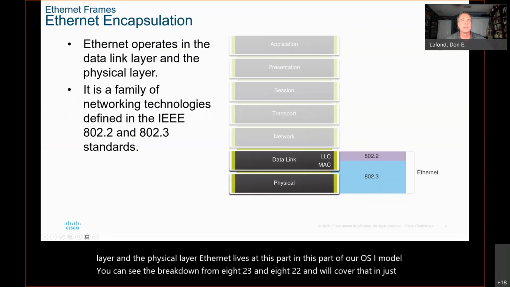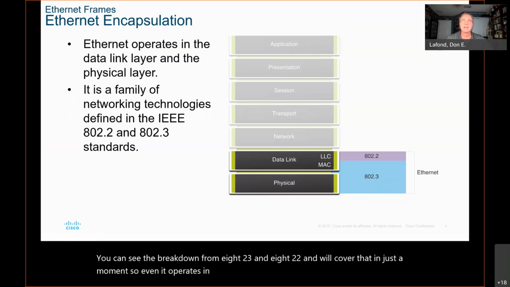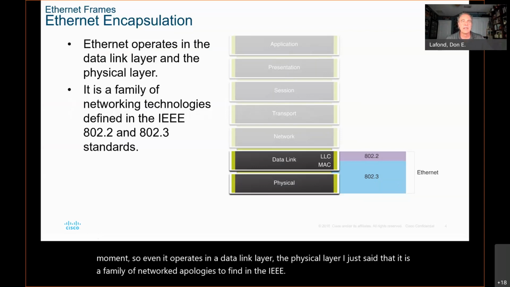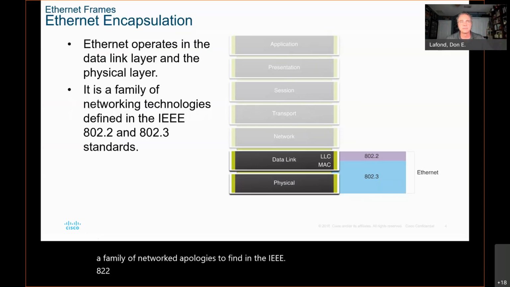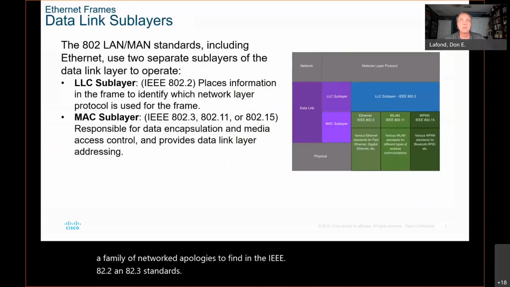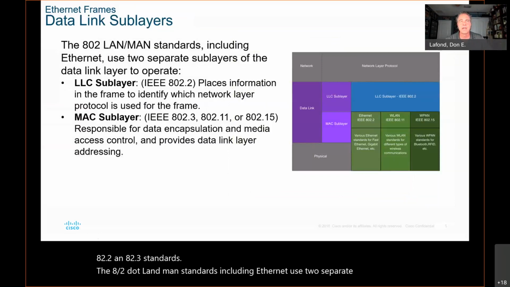So Ethernet operates in the data link layer and the physical layer. It is a family of network topologies defined in the IEEE 802.2 and 802.3 standards. The 802 LAN/MAN standards, including Ethernet, use two separate sublayers of the data link layer to operate.